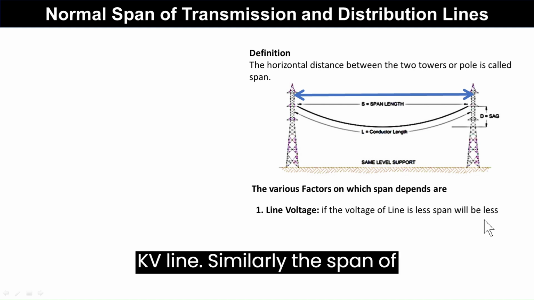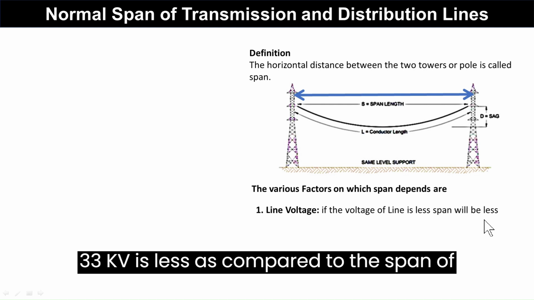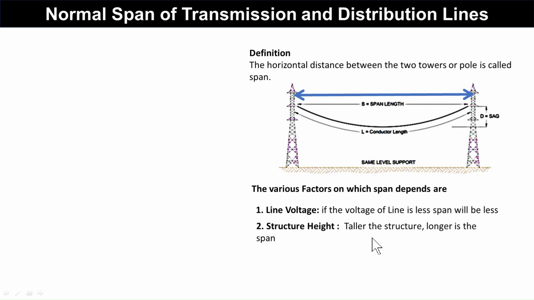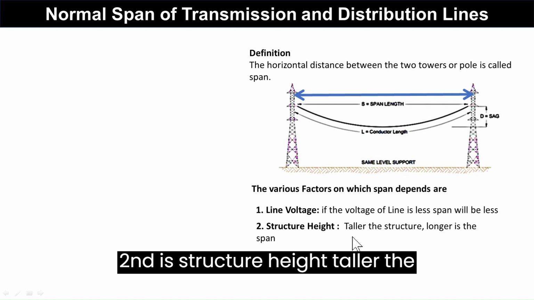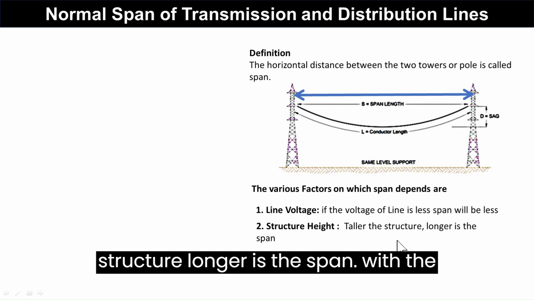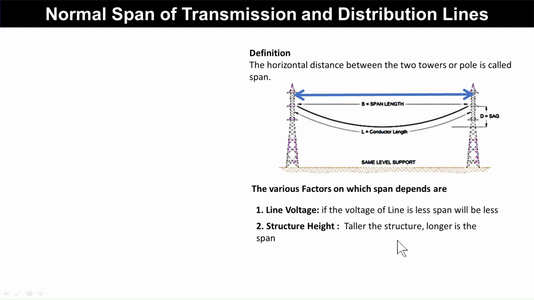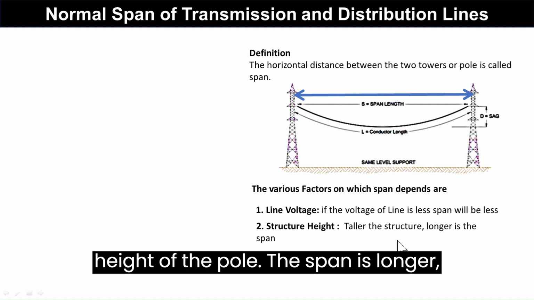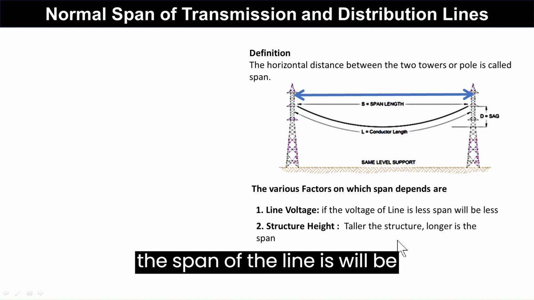Similarly, the span of 33 kV is less as compared to the span of a 66 kV line. Second is structure height. Taller the structure, longer is the span. With the increase of the height of the tower or pole, the span of the line will be longer.